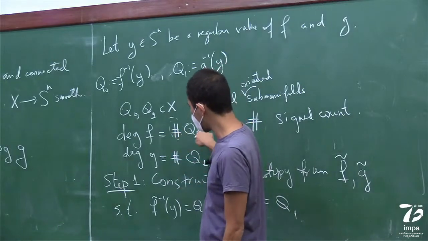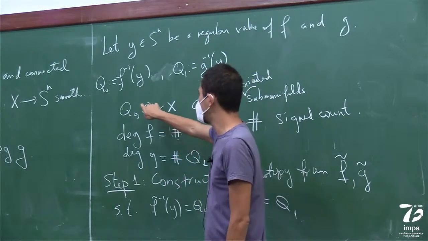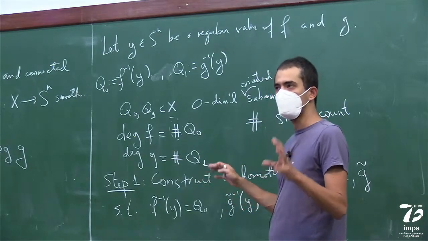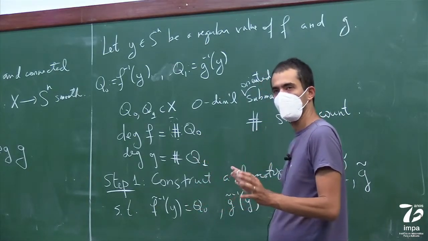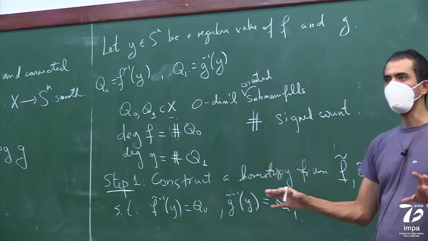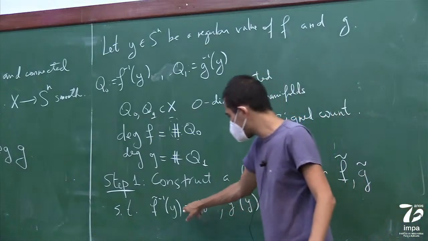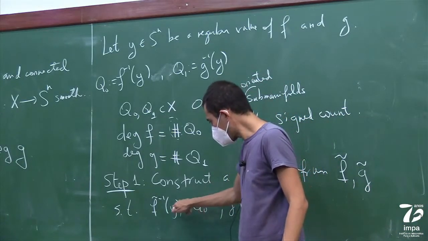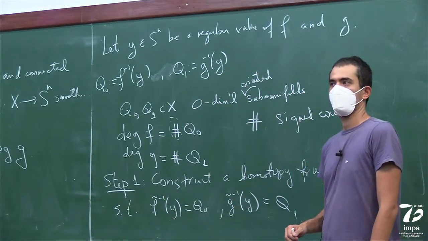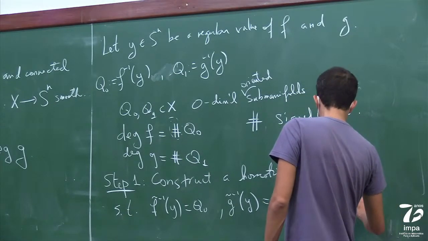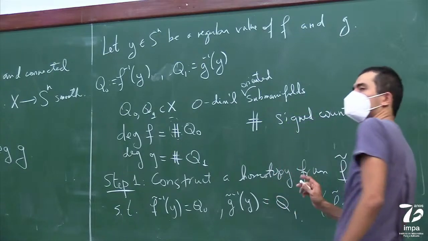So if I take these points, q0 and q1, and I forget about f and g, the first step will be to use these points to construct a homotopy between two different functions that now have the same preimage of y. Then, by this construction, f tilde is homotopic to g tilde, kind of by construction, as you'll see.